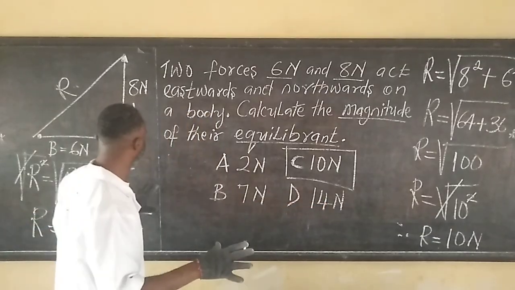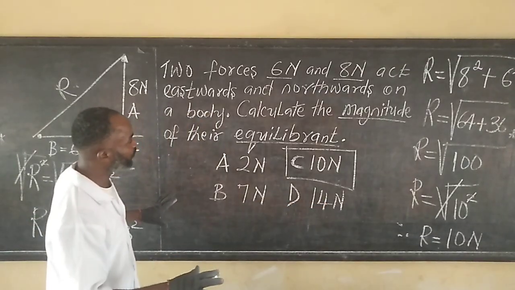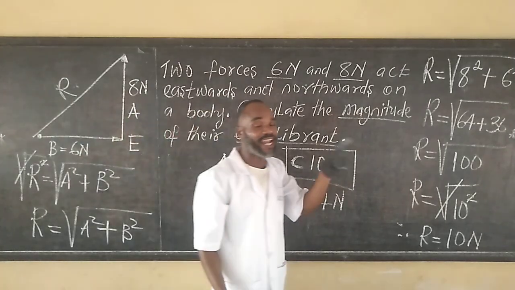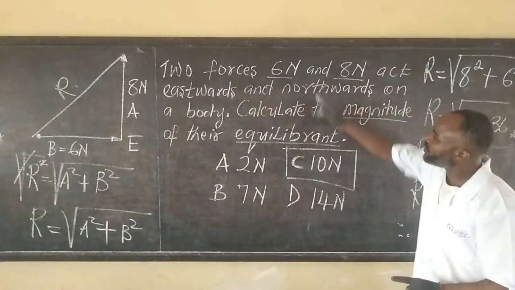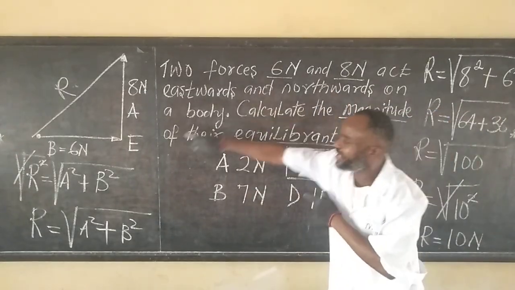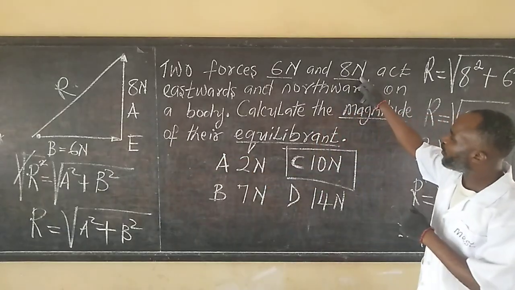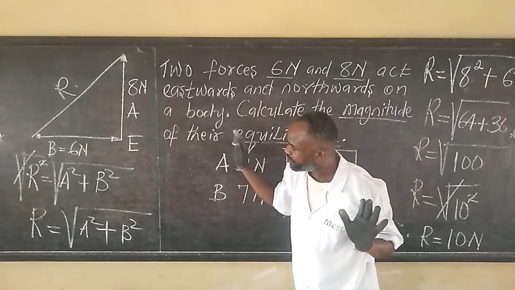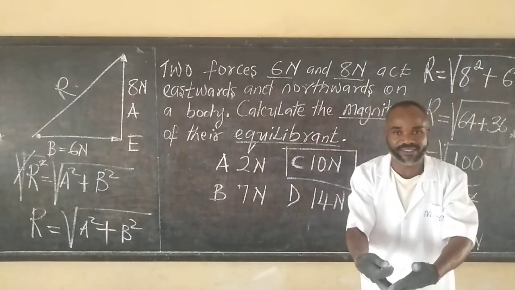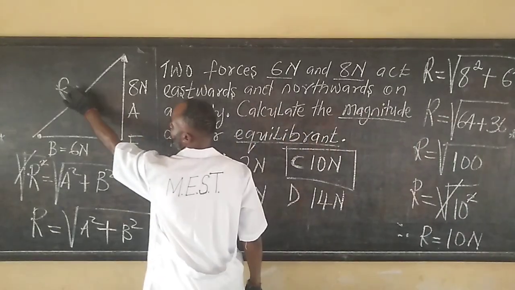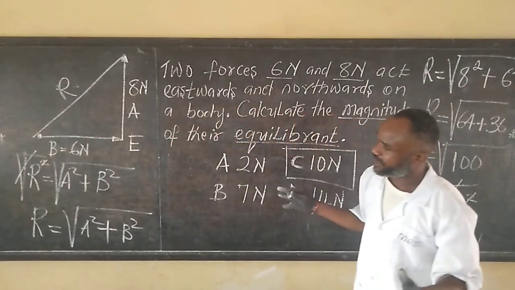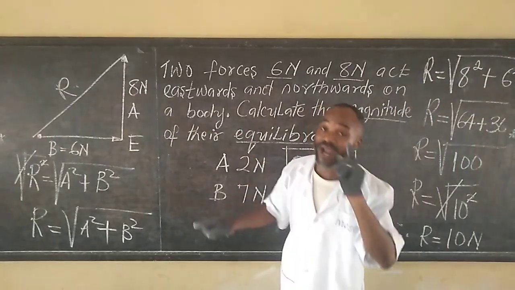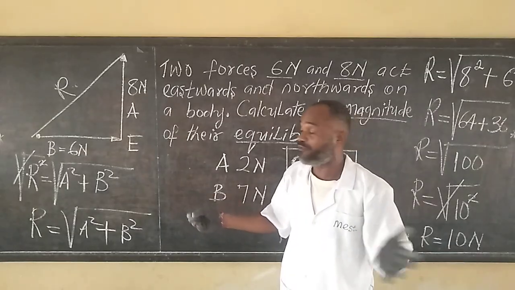So let's recap once again. You have a question: two forces of magnitude 6 Newton and 8 Newton. The 6 Newton force acts towards east. The 8 Newton force acts towards north. We need to find the resultant force first, and we recall that we can find it using Pythagoras theorem, which everybody knows.